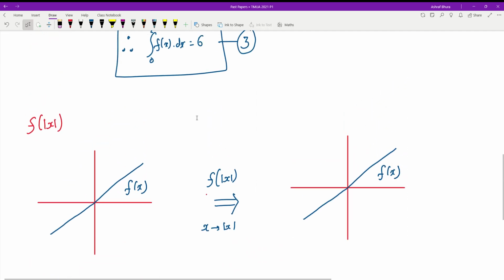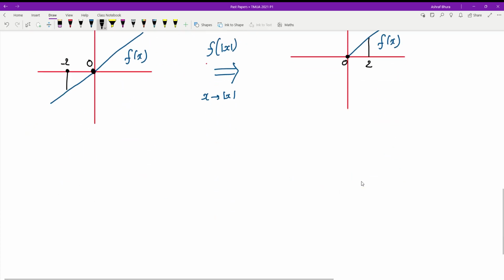So this graph, everything on the left hand side will be removed. So whatever is left would be only on the right hand side, right? So for example, if the question was to find the integral from negative 2 to 0, which is from this point to this point, now this is exactly the same as finding the integral from 0 to 2 of f of x dx.